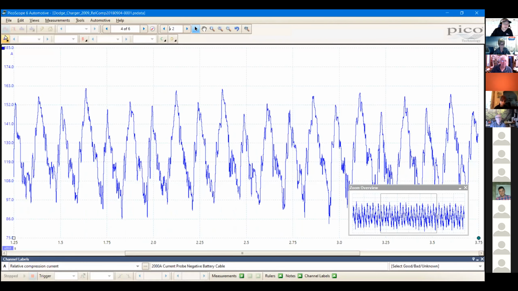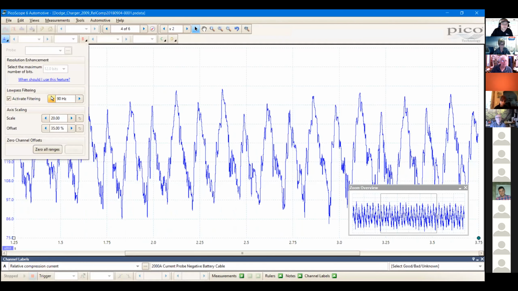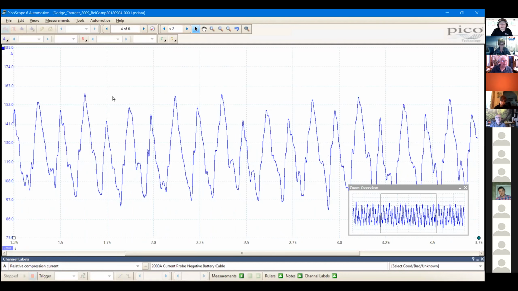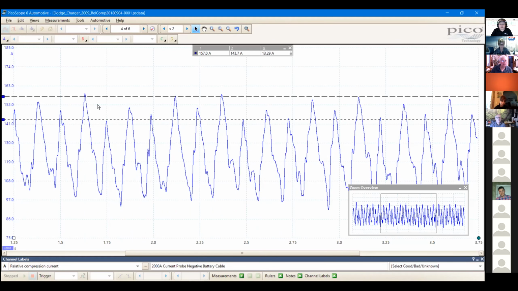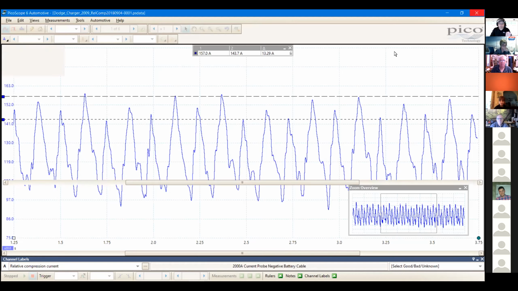I could even come in here and, heck, let's give it a little bit more filtering. All right. As I screw around with that, I think personally, I see a pretty darn good true deviation of better, less, better, less, better, less, better, less on this. I see it. So this leads me to think that we have a breathing issue from bank to bank on this engine.